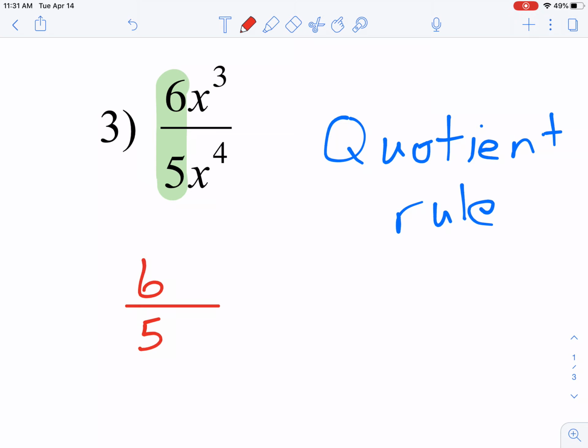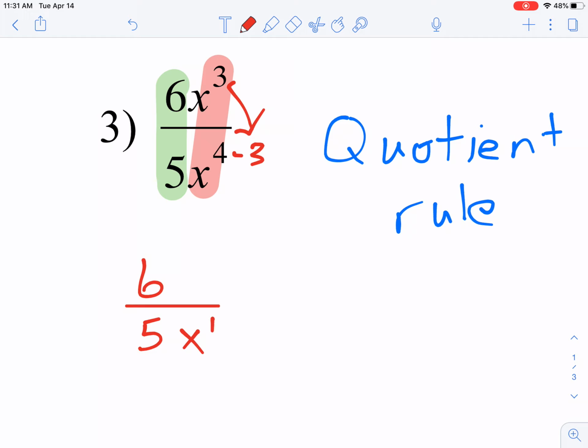But this time, you're going to take a look at your bases, and you'll notice that you have x to the 3rd over x to the 4th. X to the 4th is bigger, so we're going to keep the x on the bottom of the fraction, and then we're going to subtract the 3 from the 4. So 4 minus 3 is x to the 1st.